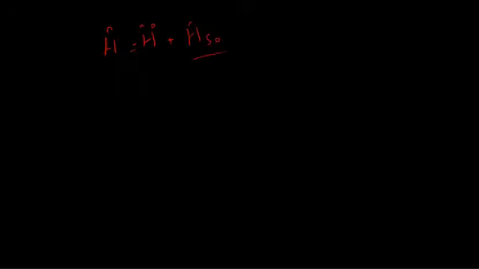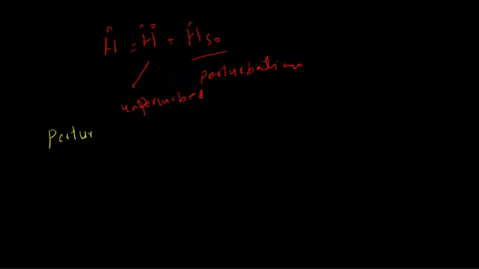So this is the perturbation, which is due to the spin-orbit coupling, and this is the unperturbed part of the Hamiltonian. Now we need to apply perturbation theory.